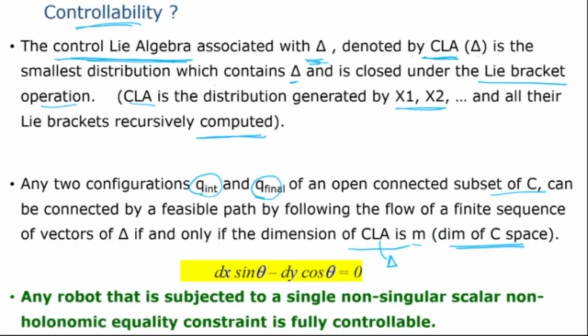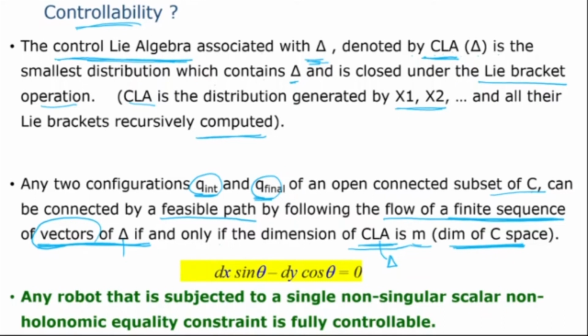That is what I mean by saying that any two configurations, q initial and q final, of an open connected subset of C, where C is the configuration space, can be connected by a feasible path by following the flow of a finite sequence of vector fields. We have a finite sequence of vectors: it was going forward, changing the steering angle, then going back, changing the steering angle again. That is possible if and only if the dimension of the control Lie algebra is m, where m is the maximum dimension of the C space.